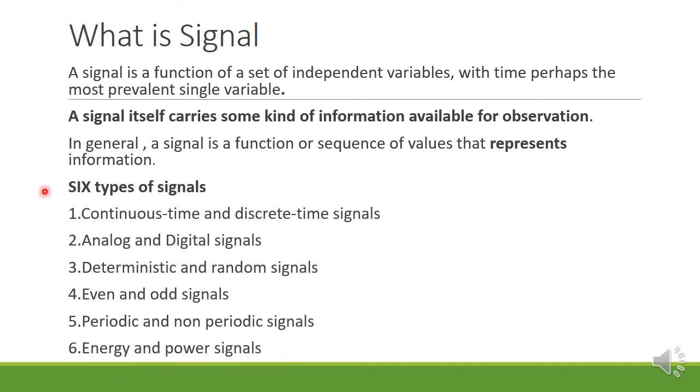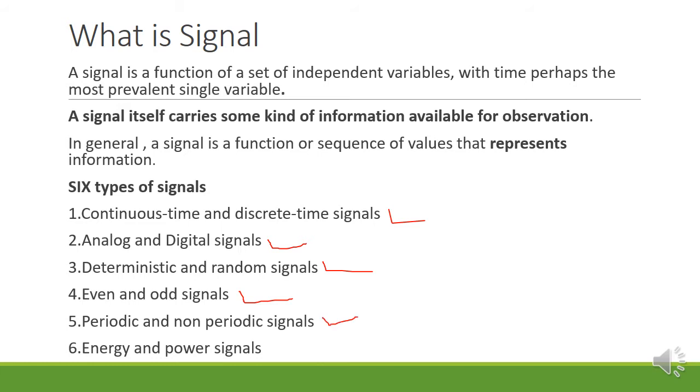The first one is continuous and discrete time signals. The second one is analog and digital signals. The third one is deterministic and random signals. The fourth one is even and odd signals. The fifth one is periodic and non-periodic signals.